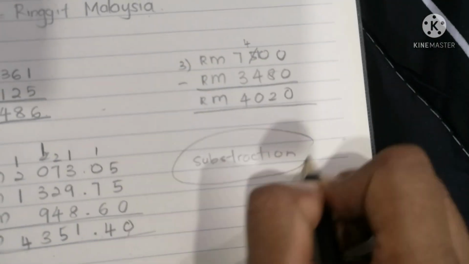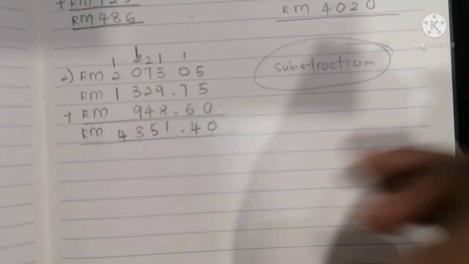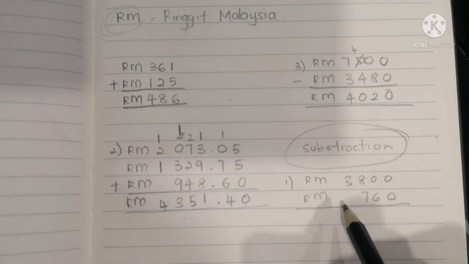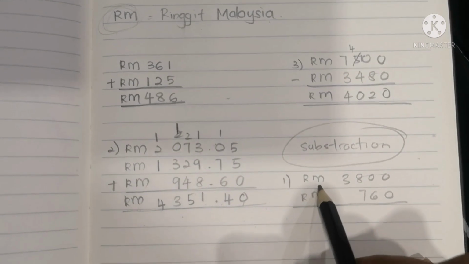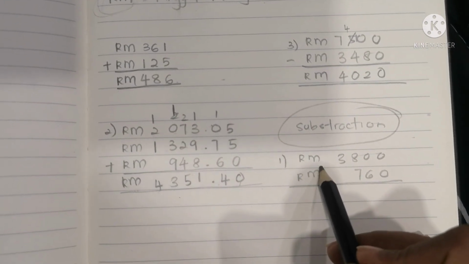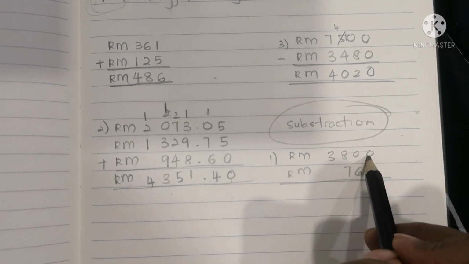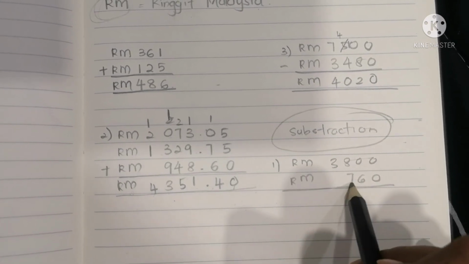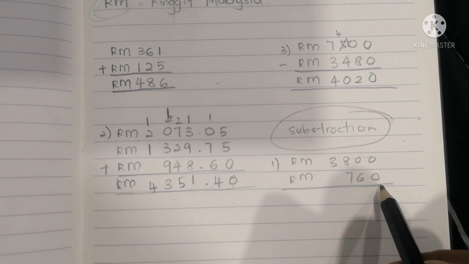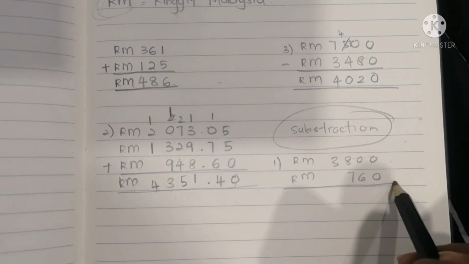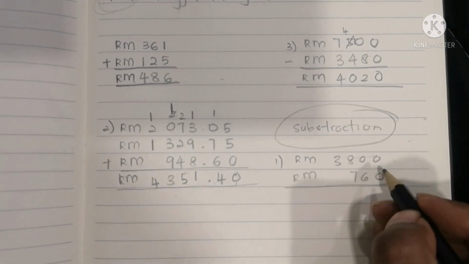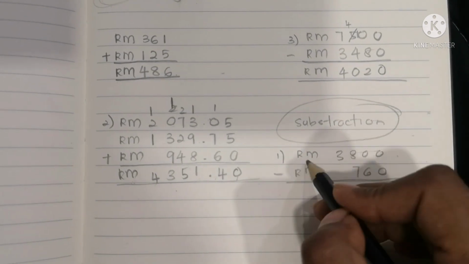Subtraction. Okay, we are in the topic of subtraction. So what was the question? They're asking the difference between the piano and the guitar, right? The piano is 3,800 ringgit and the guitar is 760 ringgit. So we have to minus these two in order to get the answer. Jangan lupa symbol ni.